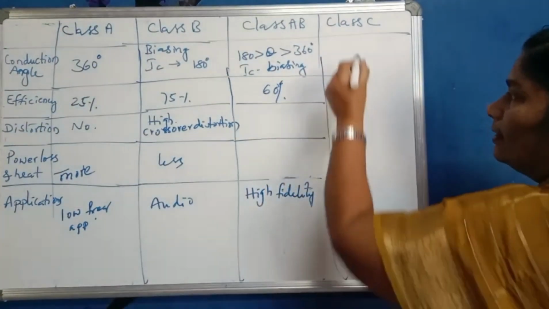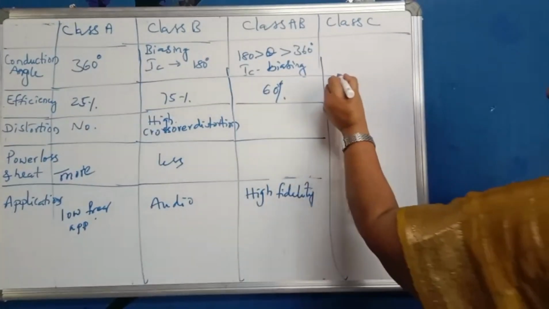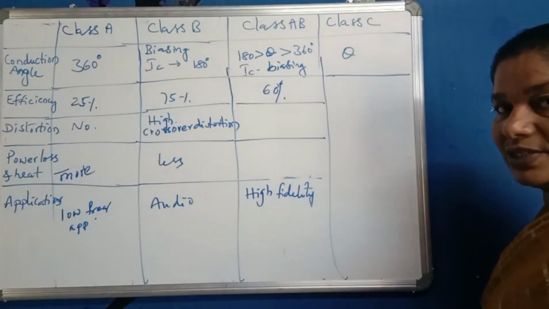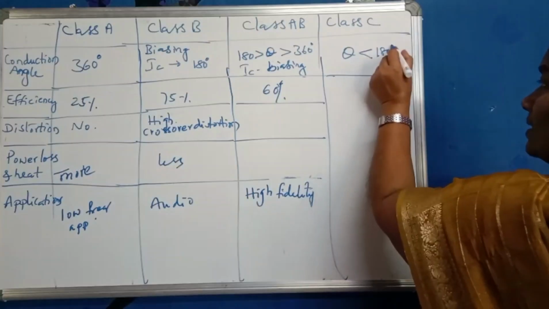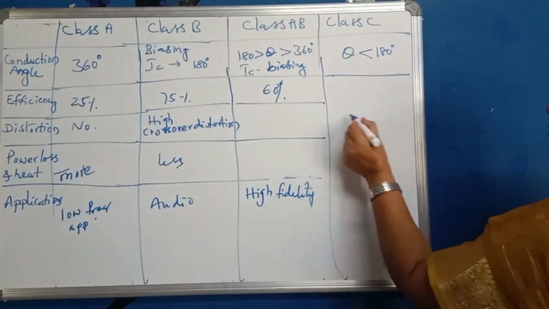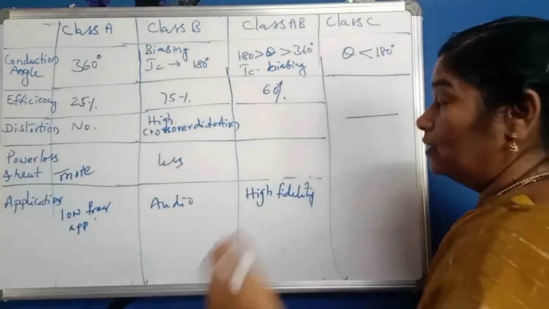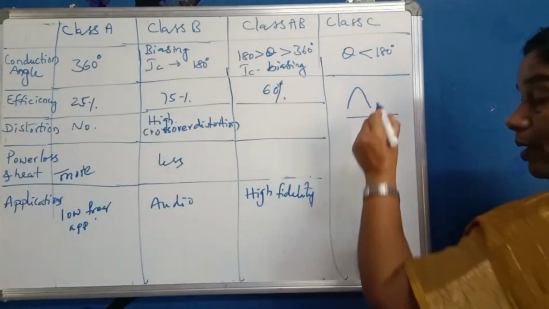And then the class C power amplifier. Here the same definition repeats, but the angle of conduction of the transistor current IC is less than 180 degrees. That means you won't have either the complete positive half cycle or the negative half cycle. You will have only a part of the half cycle.